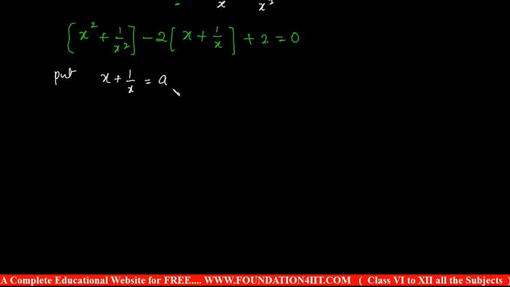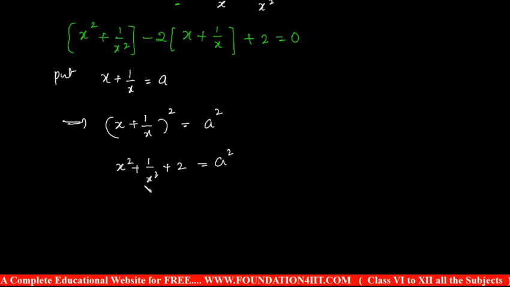If x + 1/x = a, then squaring on both sides, (x + 1/x)^2 = a^2, which is x^2 + 1/x^2 + 2, because 2 into x into 1/x, the x and 1/x cancel. So x^2 + 1/x^2 = a^2 - 2.